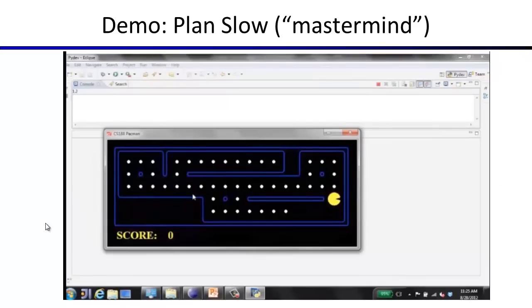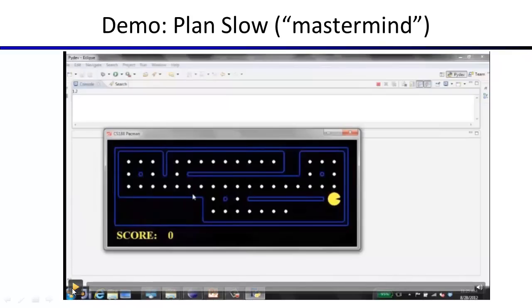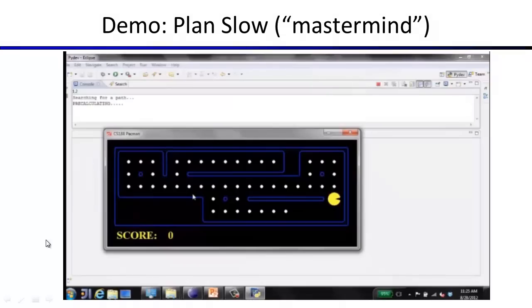So let's look at an example here. The first one we'll look at is what we call mastermind Pac-Man. The algorithm underneath is something that we will understand at the end of next lecture. But for now, let's just take a look at how mastermind Pac-Man cleans up this board. So it starts computing, so it's planning. You see the prompts up there saying it's done with pre-calculations. It's still computing other things.